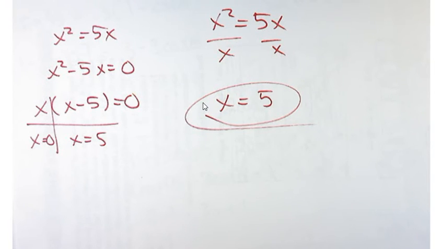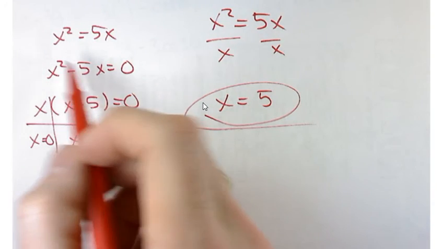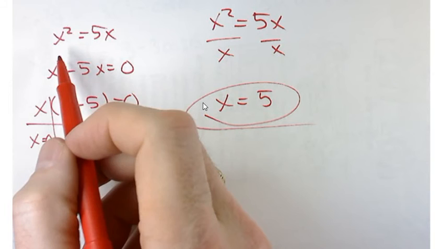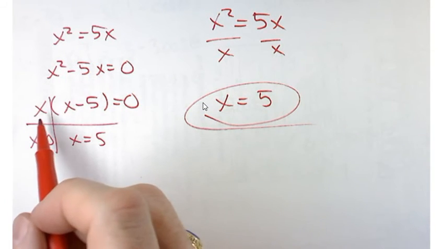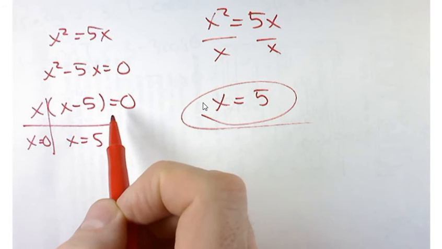Greg? Well, see, the thing that we're using here, you're kind of right on it, is the fact that these things multiply together and give us a 0.